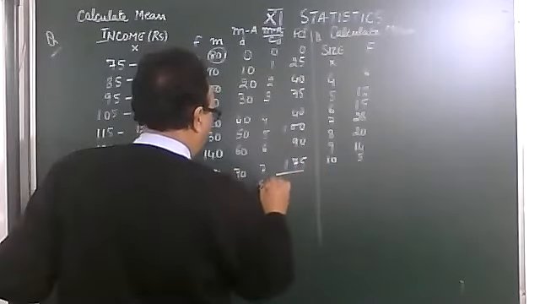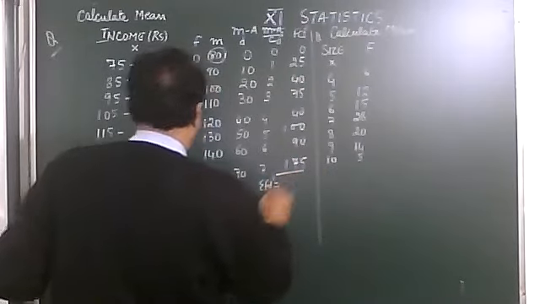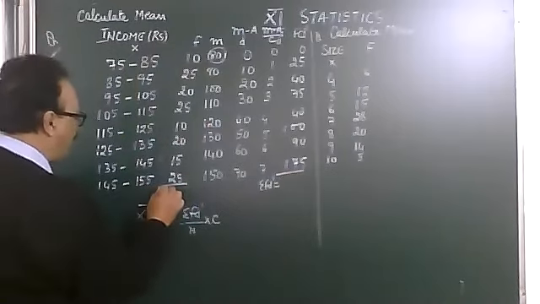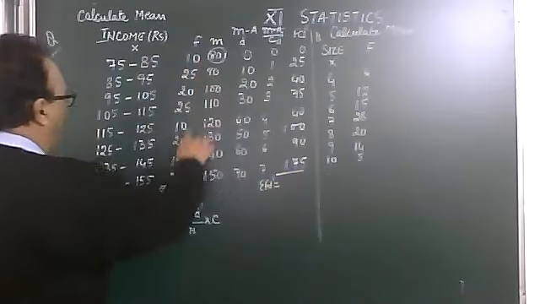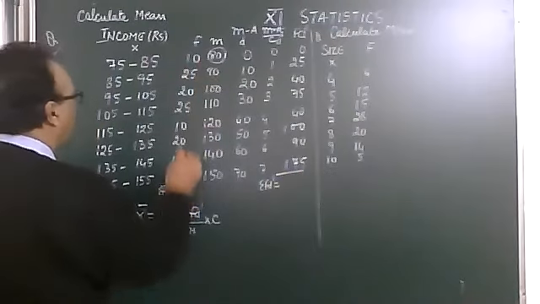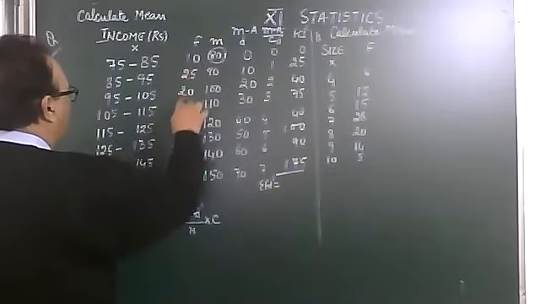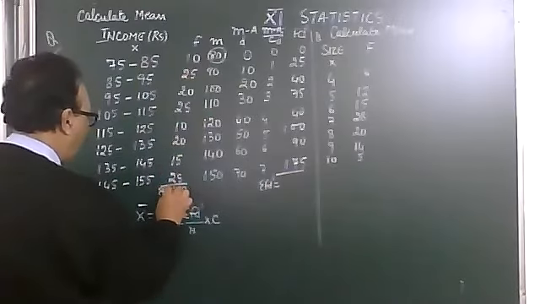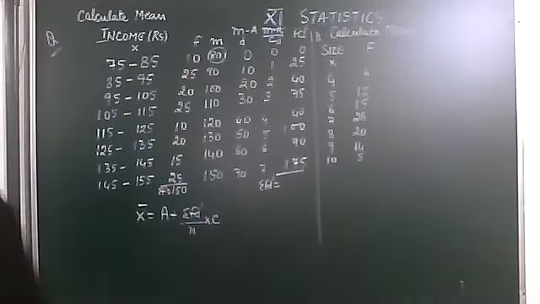So now we have sigma f d dash and we have sigma f to get n. f and n is the same. 5, 10, 15, 20 and so on. The sum is 150.